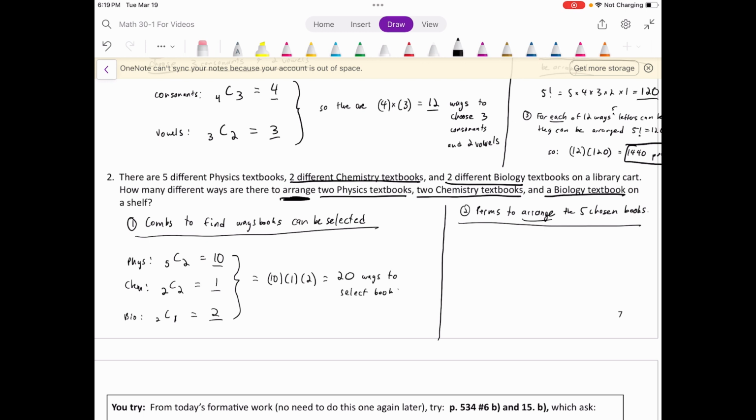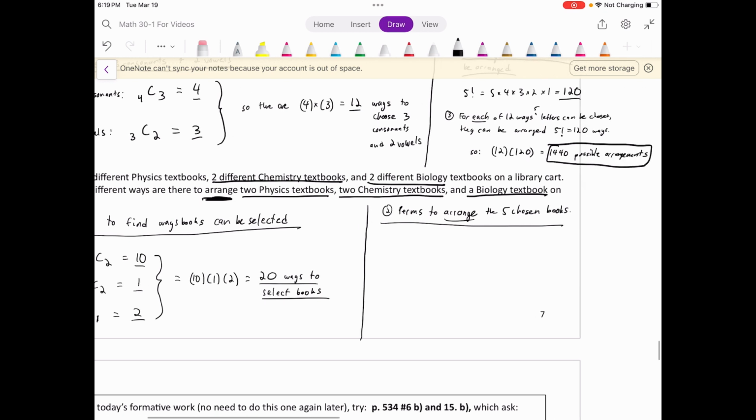And now we can think, okay, but for each of those 20 ways, how many ways could the books be arranged, right? Because there are 20 different ways to select our books, and then for all of them, we could arrange them in, well, how many books are there? 2 physics, 2 chemistry, and 1 bio. So that's 2 plus 2 plus 1, 5 books, right? Now we can use permutations to think about how many ways there are to arrange whatever 5 books we choose.